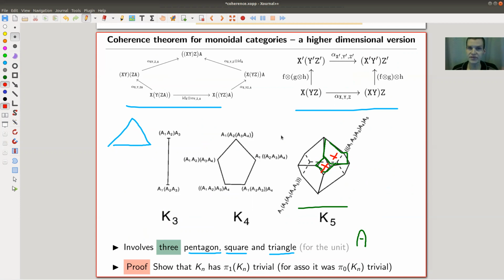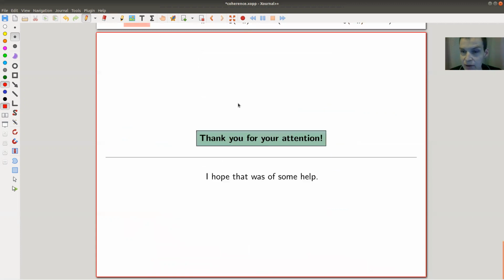So this whole coherence theorem, which I'm not able to formulate in a very slick way because it's really advanced mathematics for monoidal categories, you can in some sense forget and replace with a geometric argument. There will be a sequence of geometric spaces and you need to check geometric properties of them. You replace this fancy version of associativity with some geometric property, which I think is pretty cool. Okay, let me wrap up.